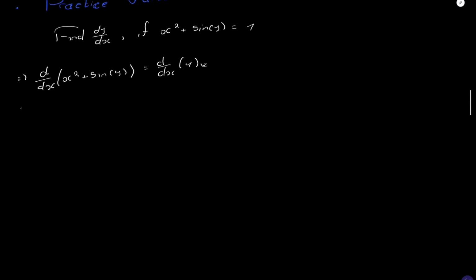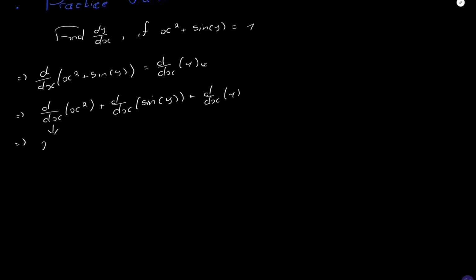so that is it. The next thing we do is separate our left hand side, that is d/dx of x squared plus d/dx of sine y, equal to d/dx of 1. So let's start.